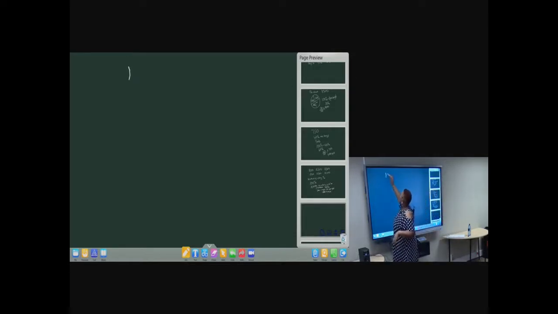So now you have 100% representing your salary. It will be plus 8.5%, which is representing the increment.